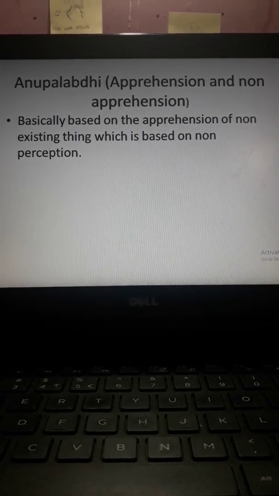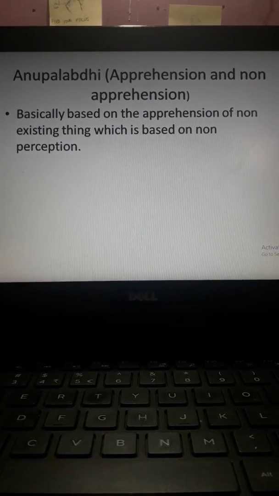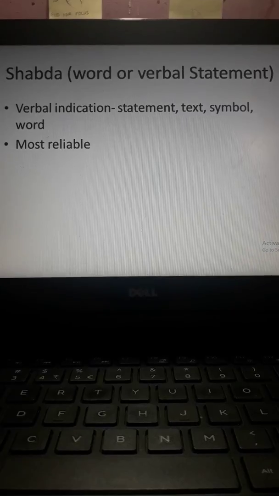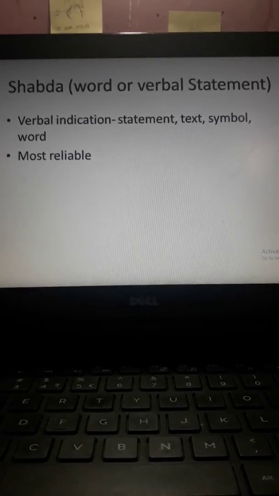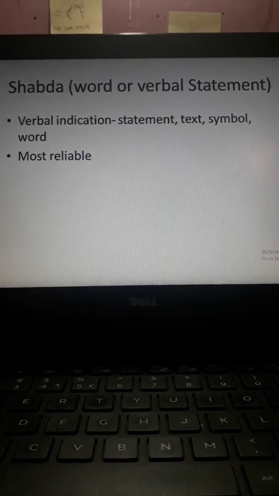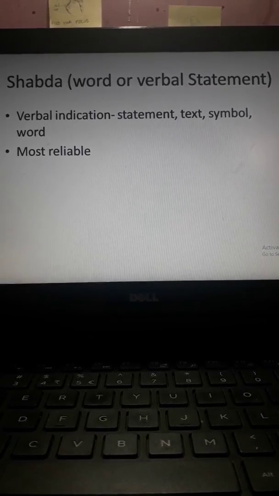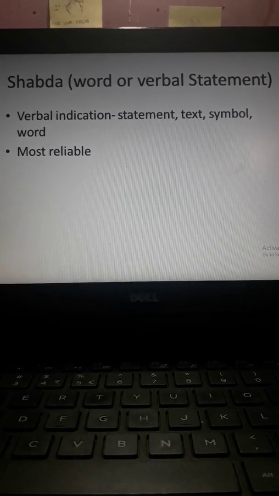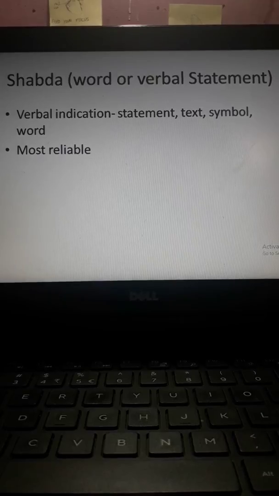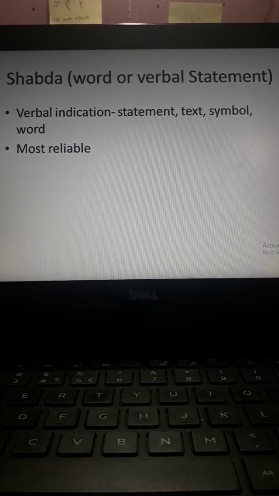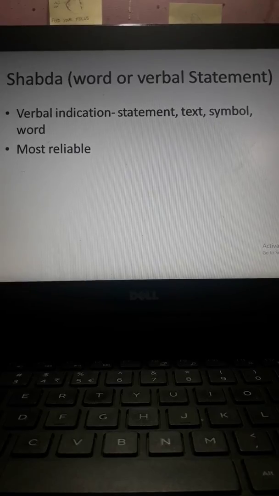That is the anupalabdhi. And the last pramana is the shabda. Shabda means word or verbal statement. This is the most reliable form of knowledge, because it can be proved. Verbal indication may be a statement, text, a symbol, or a word.